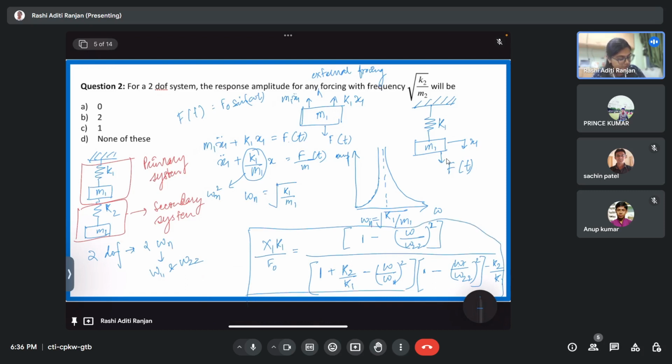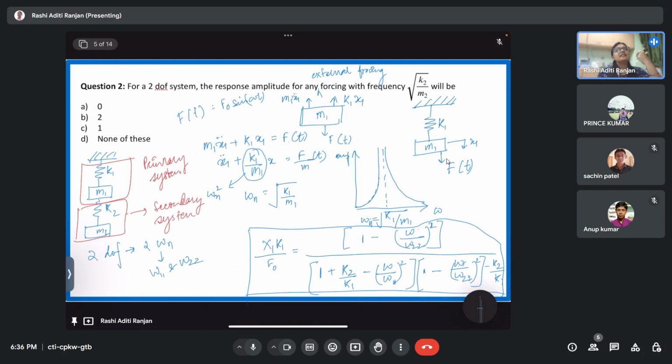This is my relation. Now, if you see over here, the question says the response amplitude for any forcing with frequency omega. Now, if I put omega as omega 22, what is going to happen? My numerator is going to be 1 minus 1, which would be 0, which means my response amplitude would become 0.